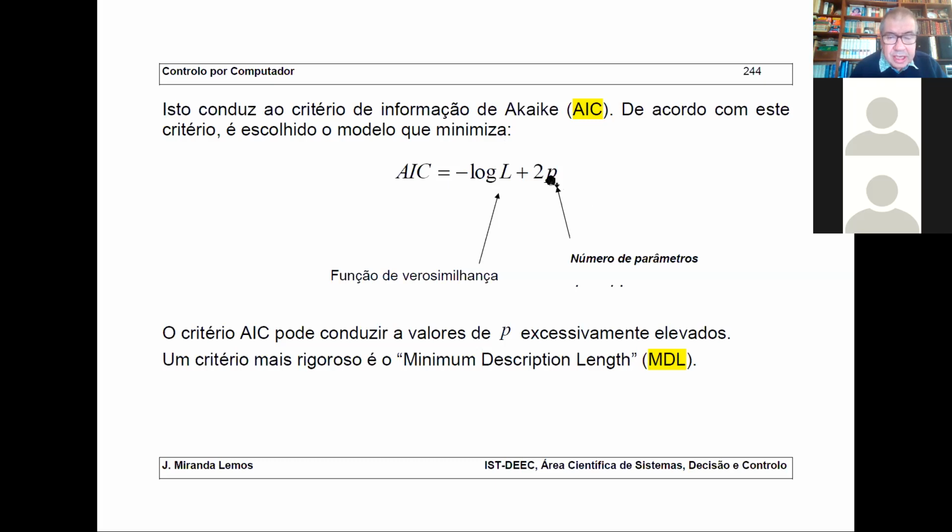The number of parameters is M plus N. Okay, and on the other side, you have the likelihood function, or the symmetric of the likelihood function. So you would like the likelihood to be high, that is to say the symmetric of the likelihood function, or of the log of the likelihood function, to be small.